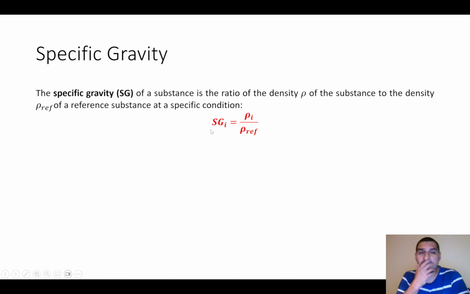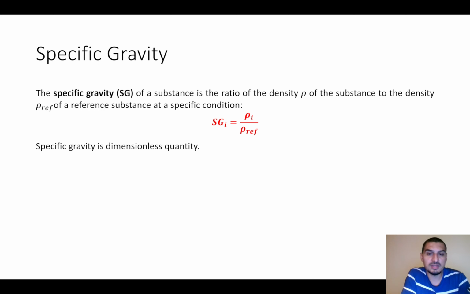So now you might ask yourself a question: why do we make this parameter? Since we already know the reference density and we know the density, there might be no point to this. The point is that the specific gravity has no dimensions. It's density over density, so it has no units and no dimensions. This means that the value of the specific gravity of any material is going to be constant regardless of the unit system you are dealing with.